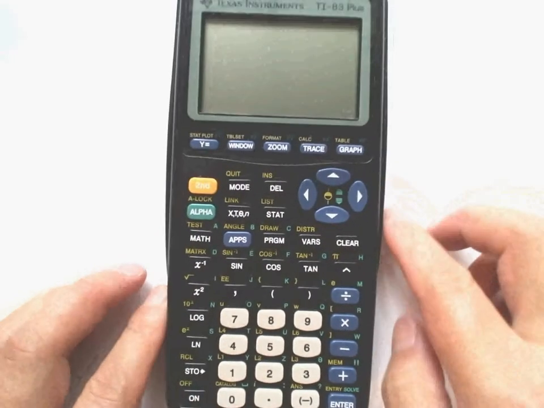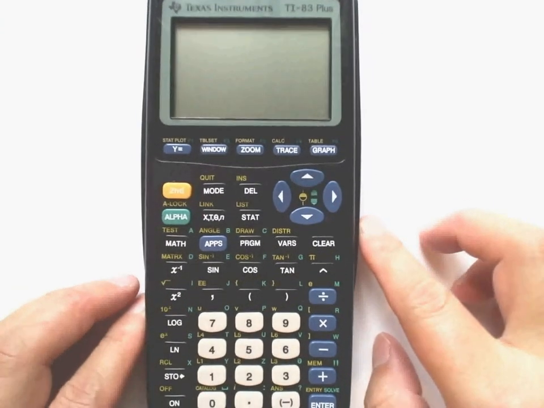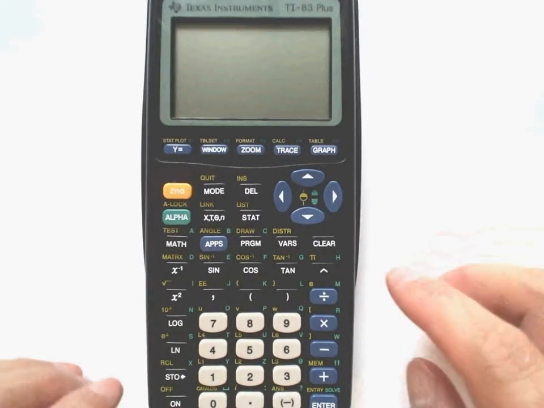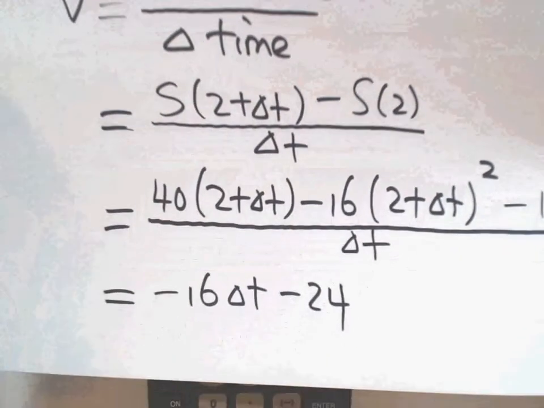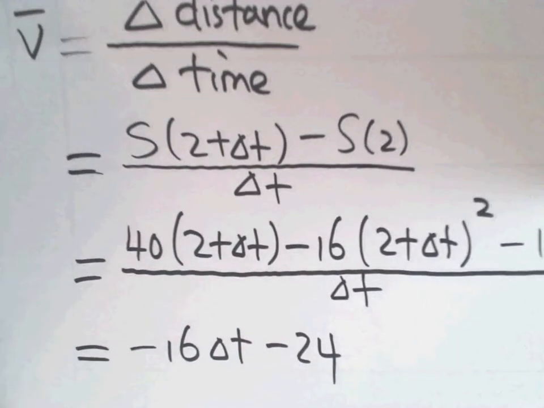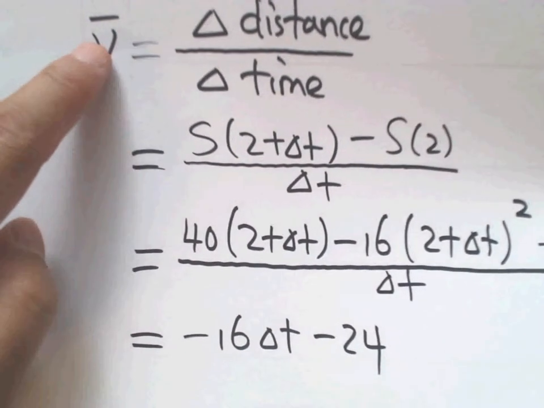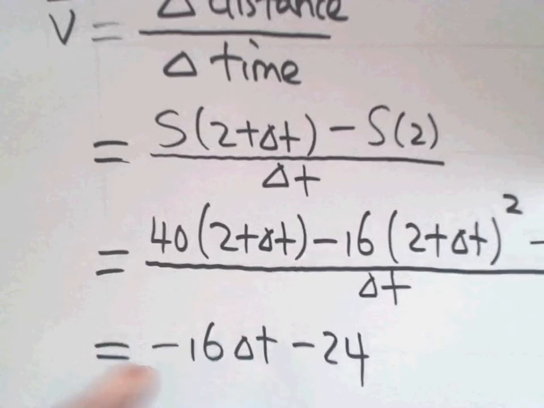Let me show my calculator. I'll set it up for you. So here is my Texas Instruments 83. Can you see? The first step, we define the function. You also need to do that, right? I defined this as the average velocity function.